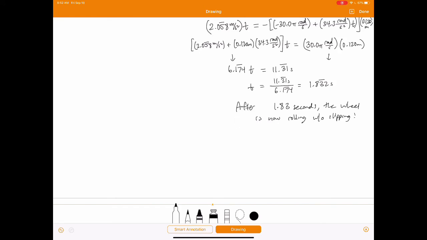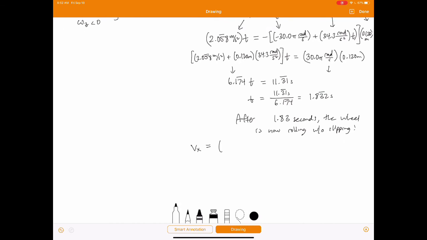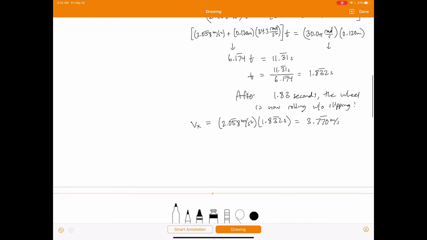Well, now that we have the time, we can just plug it right back into that equation for Vx, which is up here. 2.058 meters per second squared times t. So now we have a value of t to plug in, 1.832 seconds. So this works out to 3.770 meters per second, okay?